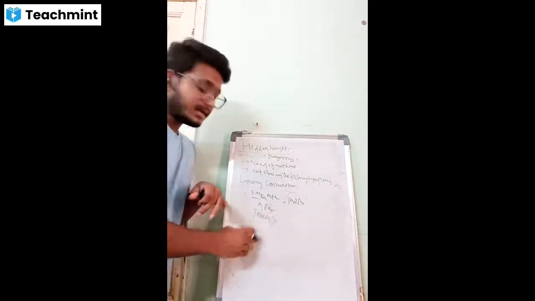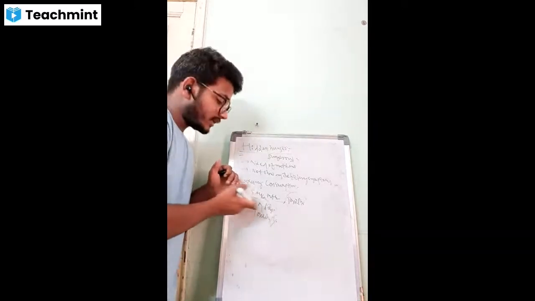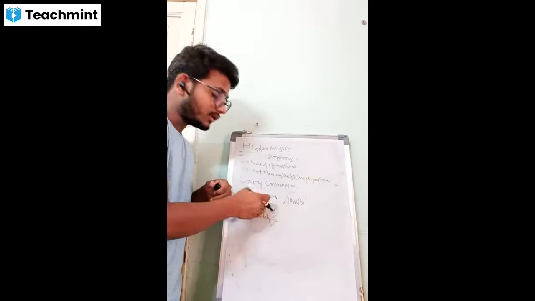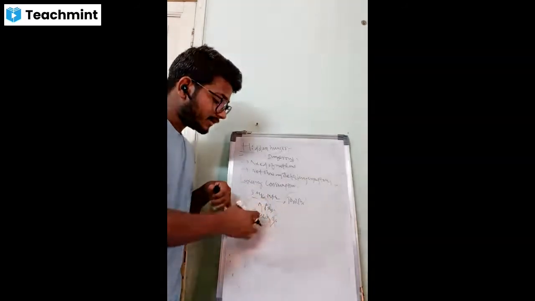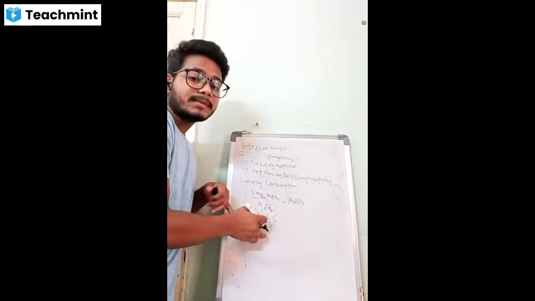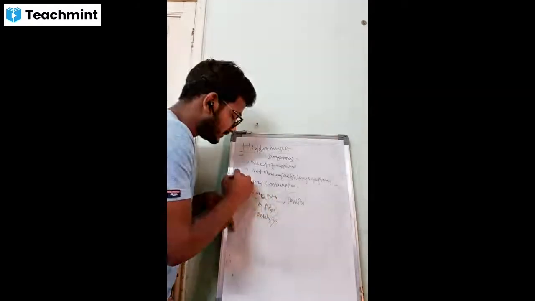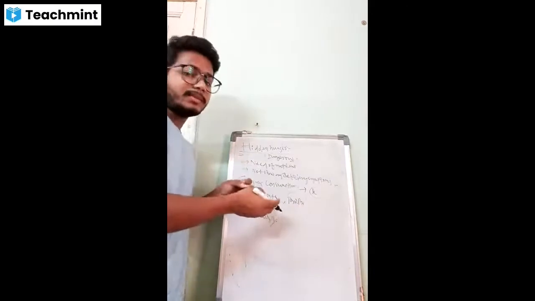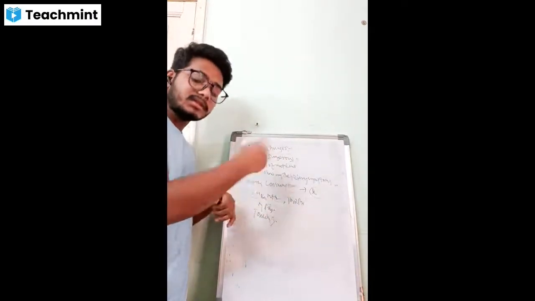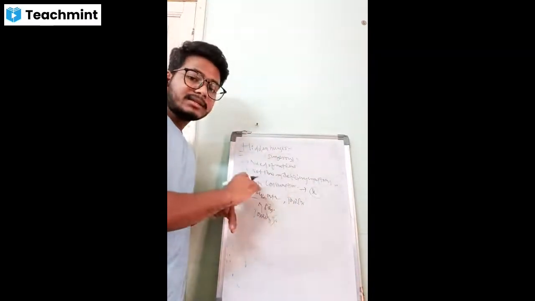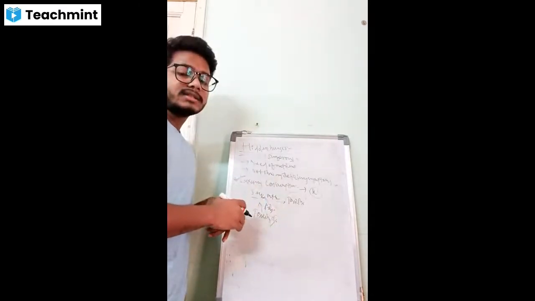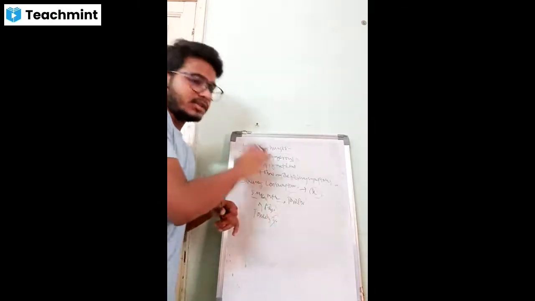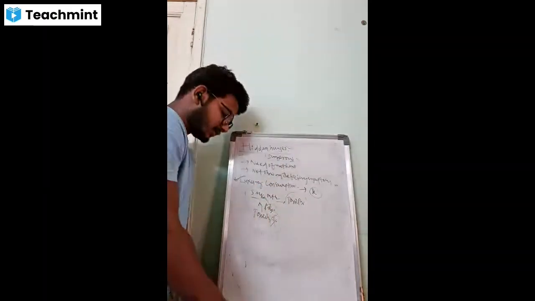In luxury consumption, the nutrient is taken up by the plant in addition to the sufficiency level, but there is no toxicity symptom. This is seen in potassium. Potassium is taken more than the sufficiency level, but still there is no toxicity symptom in the plants. So these two terms come up based on nutrient deficiency symptoms.